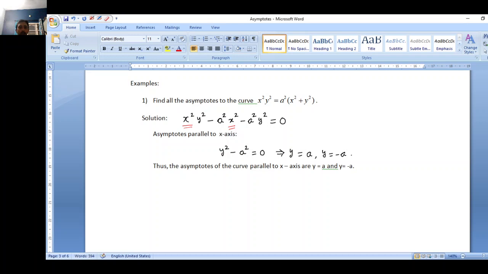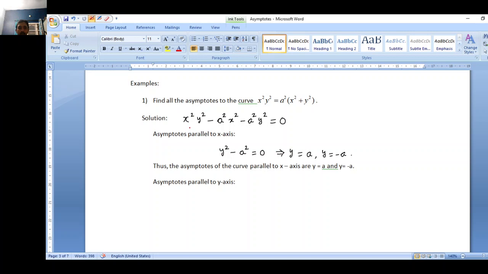Okay. Now in a similar fashion, we'll go for finding the asymptotes parallel to y-axis. So what should you do now? As we did for asymptotes parallel to x-axis, now we'll look for the highest degree term or terms of y and equate the corresponding coefficients to 0.